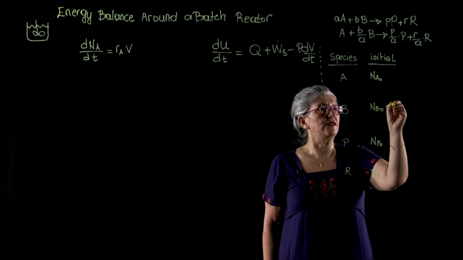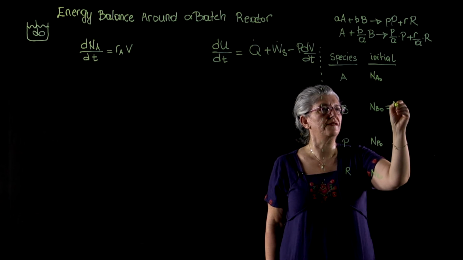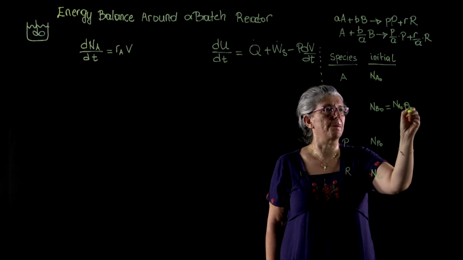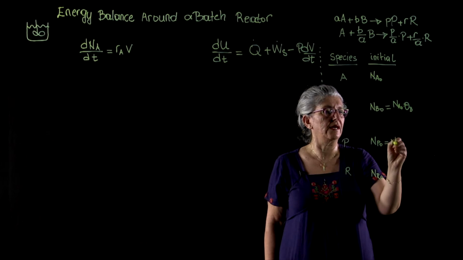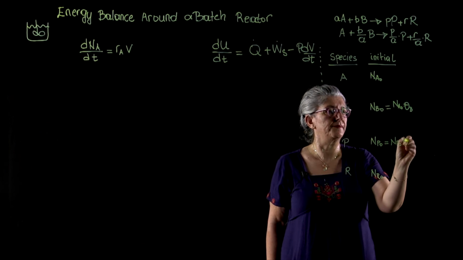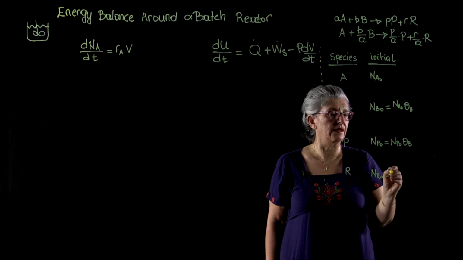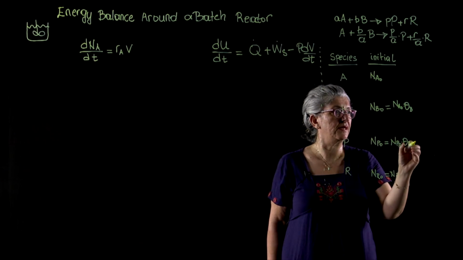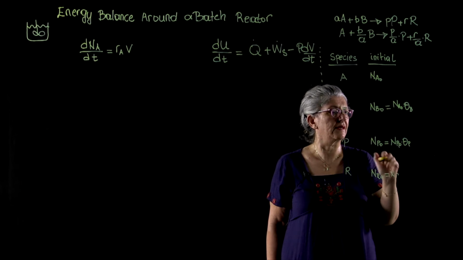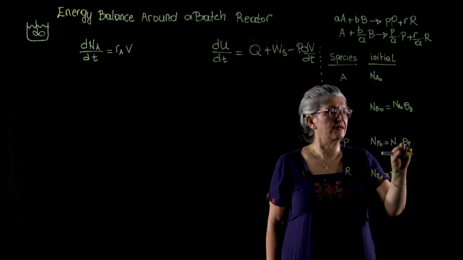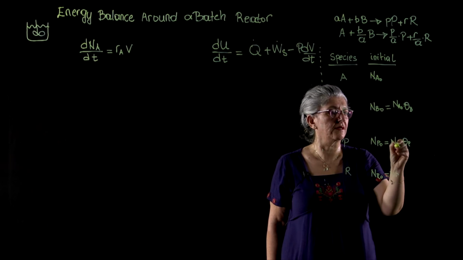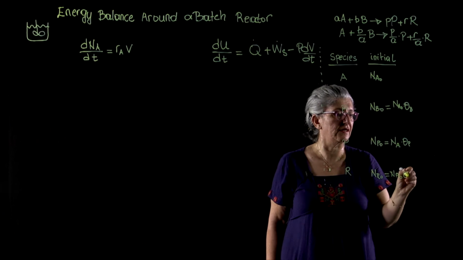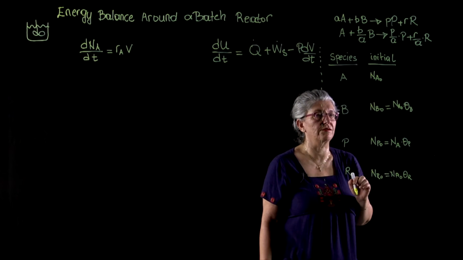As we have done in the previous case, we are going to have this as NA0 times theta B. This is going to be NA0 times theta P, and NA0 times theta P. This is going to be NA0 times theta R. Initial ratios.